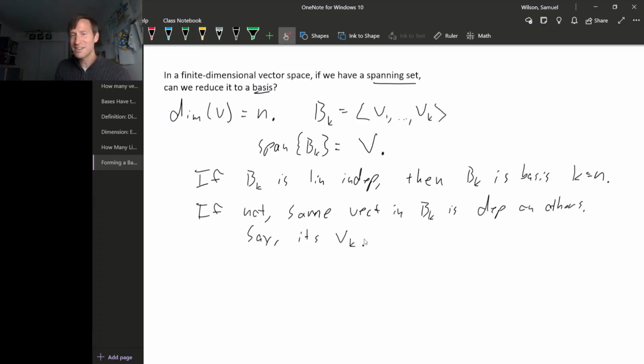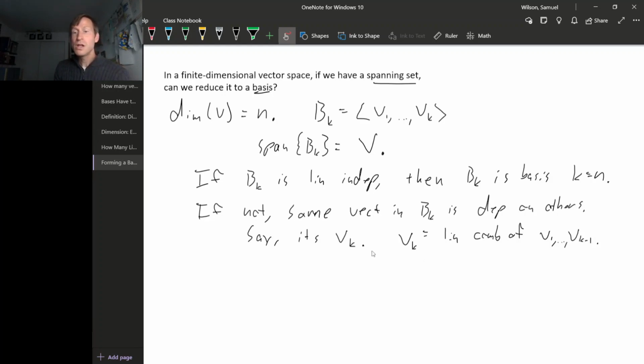Right? If it's not the last one, then rename all of them so that it is the last one. Okay, so that means v sub k is a linear combination of v sub 1 through v sub k minus 1.